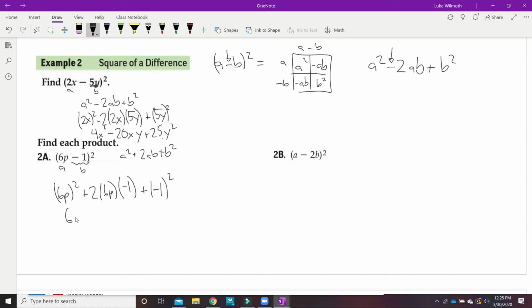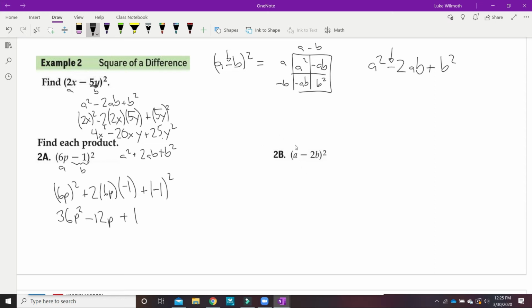So I get 36p squared, because 6 times 6 is 36, plus, that'll actually be minus, because negative times a positive is a negative, so this will be minus 12p. And then 1 squared is going to be plus 1. That's our answer. All right, at this point, you should try pausing the video and see if you can do 2b.